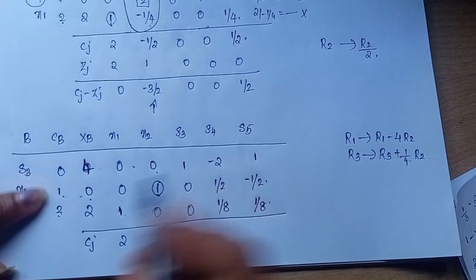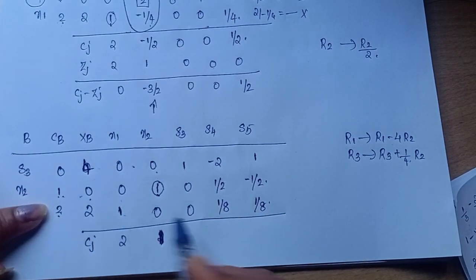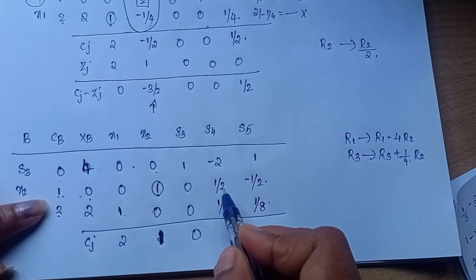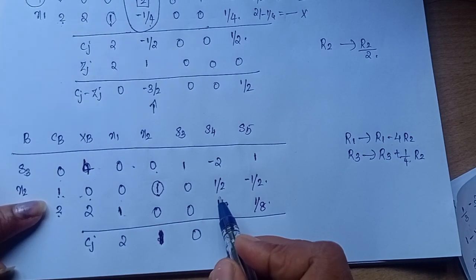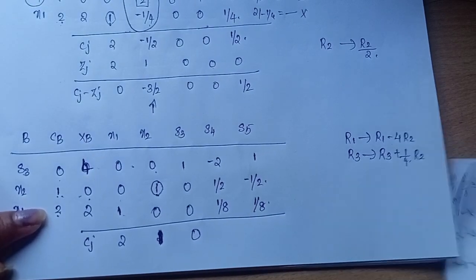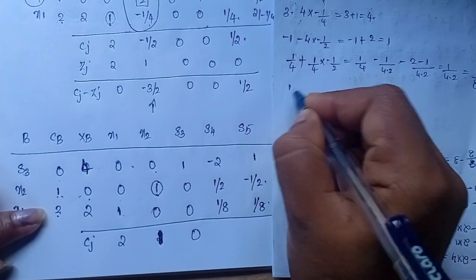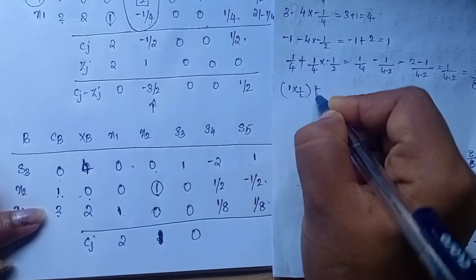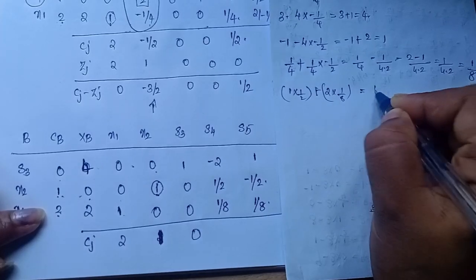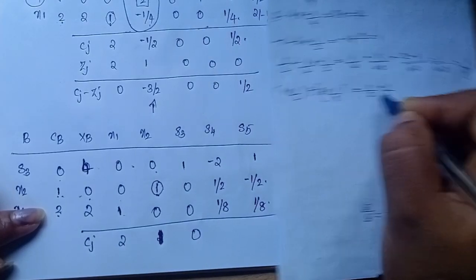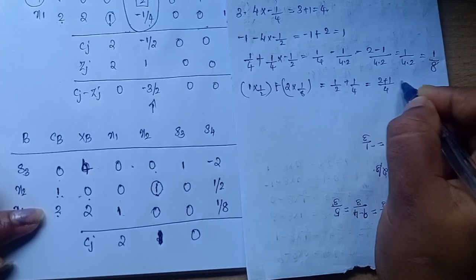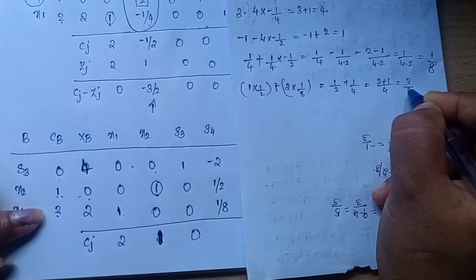After 0 into 1 0, 1 into 0 0, plus 2 into 0 0, 0 into minus 2 0, 1 into 1/2, that is 1/2, plus 2 into 1/8, that is 1/2 plus 1/4. Take the LCM, we get 2 plus 1/4, that is 3/4.